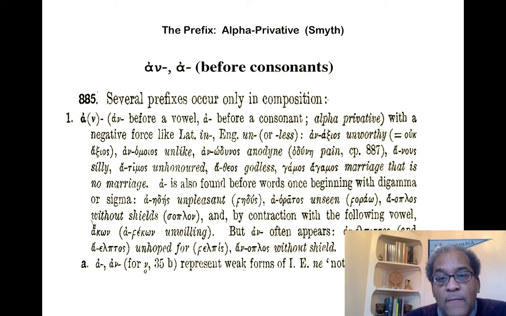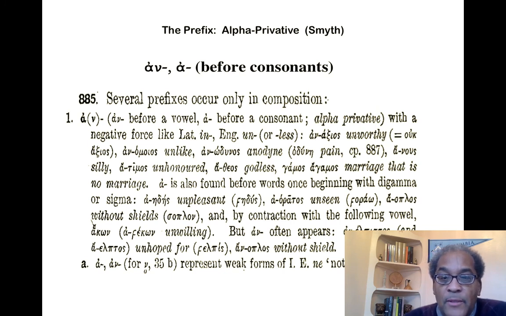And alpha a is also found before words once beginning with digamma or sigma. So aedes, unpleasant, because aedes was originally swedes, like suavis of Latin. Oratos, unseen. Oplos, without a shield. And by contraction with the following vowel, you get akon, unwilling.